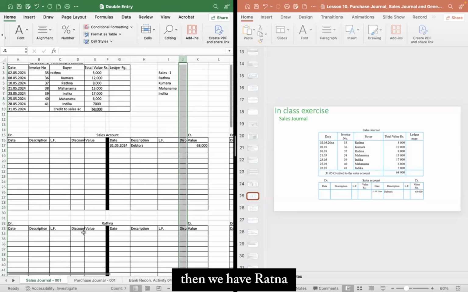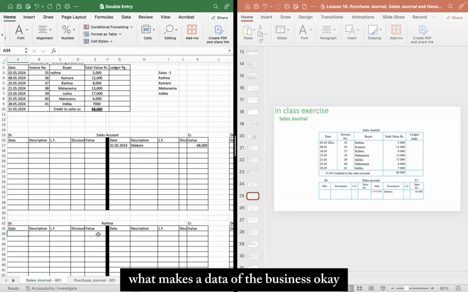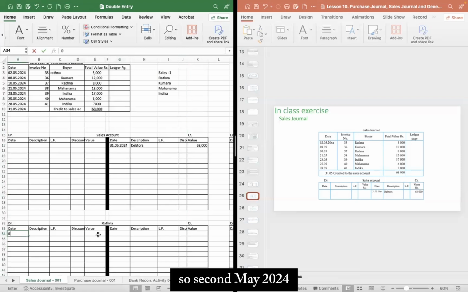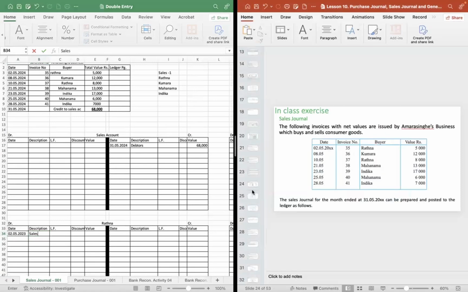Then we have Ratna. Ratna is a debtor of the business. Okay, then it should ideally carry a debit balance. So 2nd May 2024 sales value was 5,000.